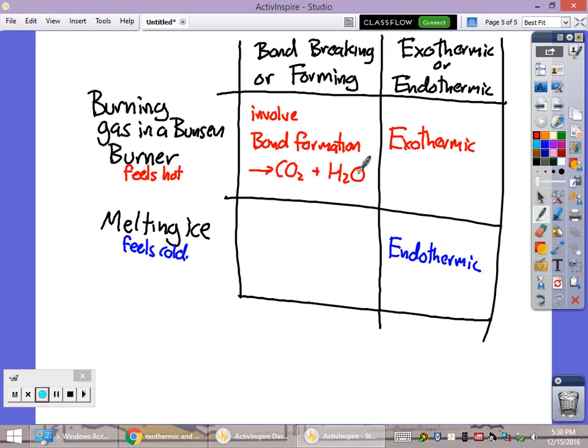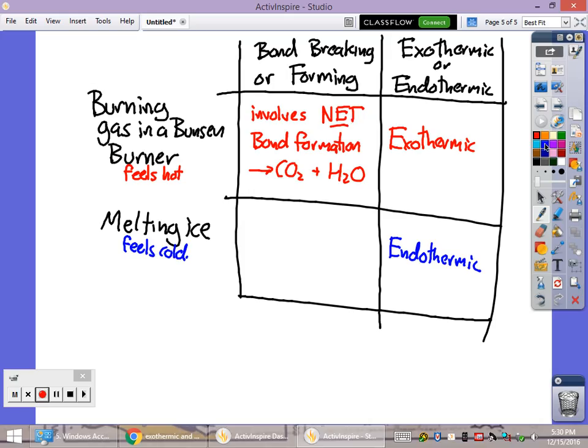So making those two releases a lot of energy, and in fact it releases more than the breaking apart of the methane. And so what we're going to say is that it involves net bond formation. And that just means more or stronger bonds form than the bonds that break, right? So it's going to involve bond formation.